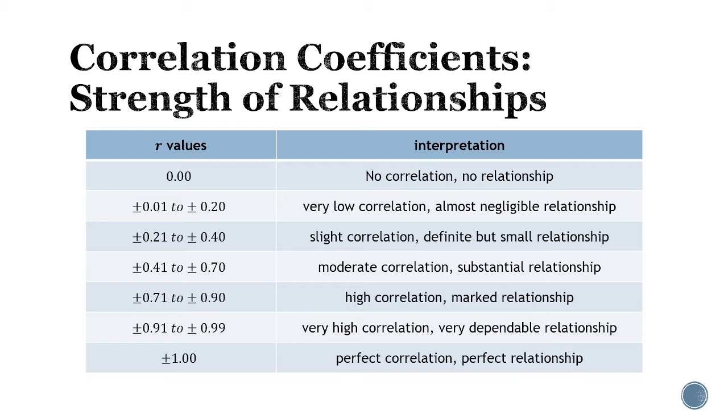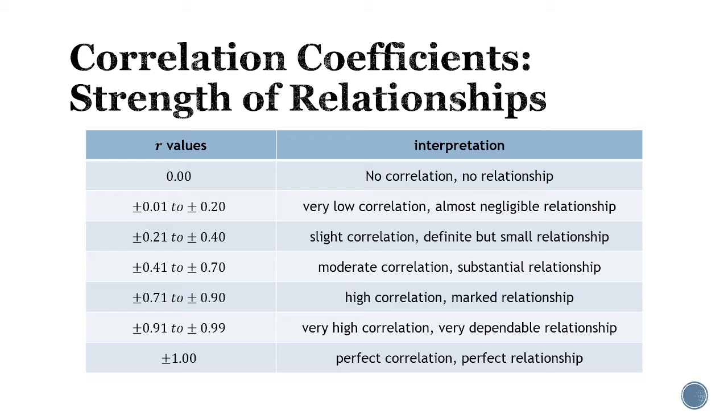These are the interpretations of our R values. If your R value is equal to 0, it just means that you have no correlation or no relationship at all. Values from 0.01 to 0.20 show very low correlation and an almost negligible relationship.